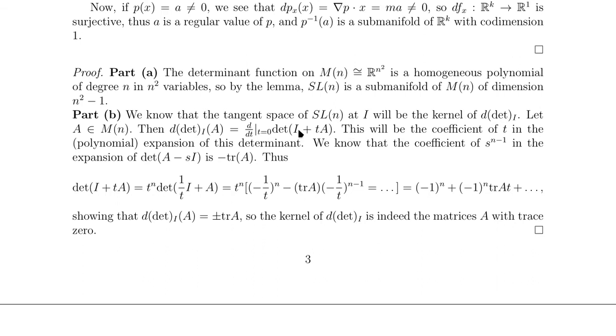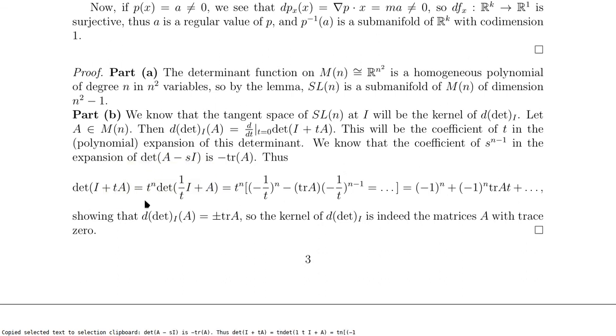So this will be the coefficient of t in the polynomial expansion of this determinant. We know that the coefficient of s^(n-1) in the expansion of this determinant is the negative of the trace of A. So the determinant of I plus tA is equal to t^n times the determinant of (1/t)I plus A, right?